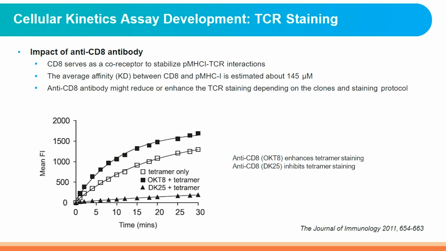I would like to mention that in normal practice, we always add tetramer or dextramer staining first, then the antibody cocktail next, including the CD8 antibody. But it's still worth trying a couple of different anti-CD8 clones and seeing how the staining pattern looks.